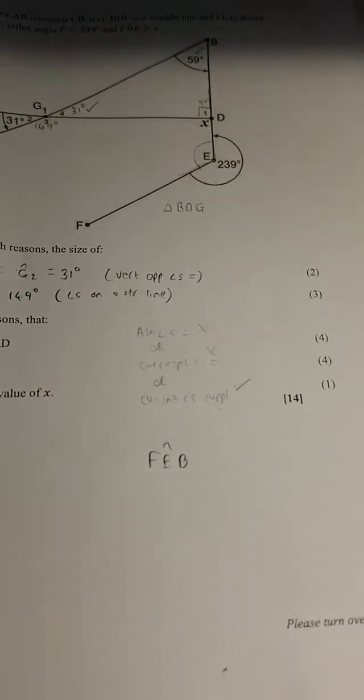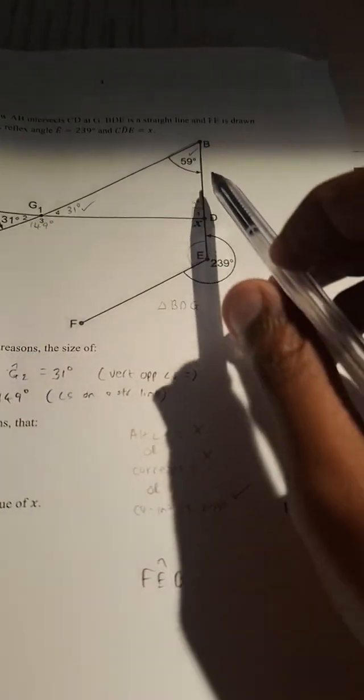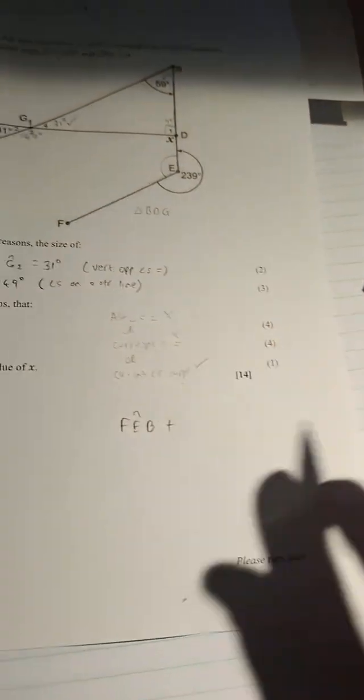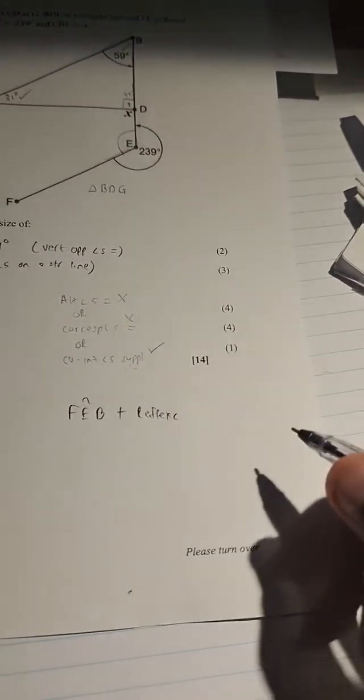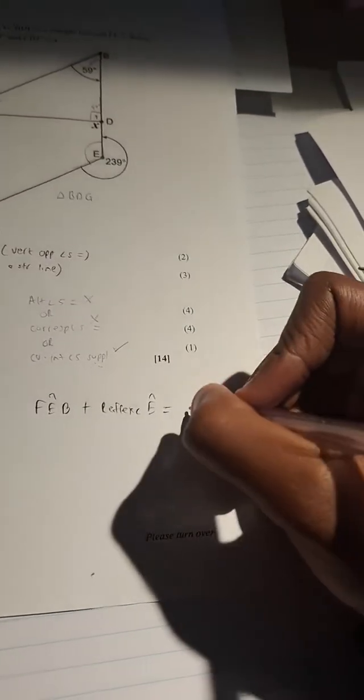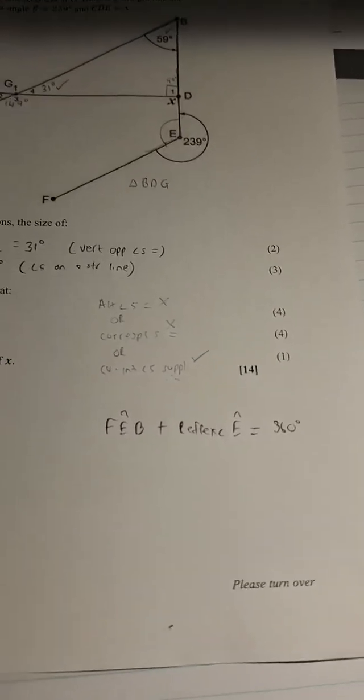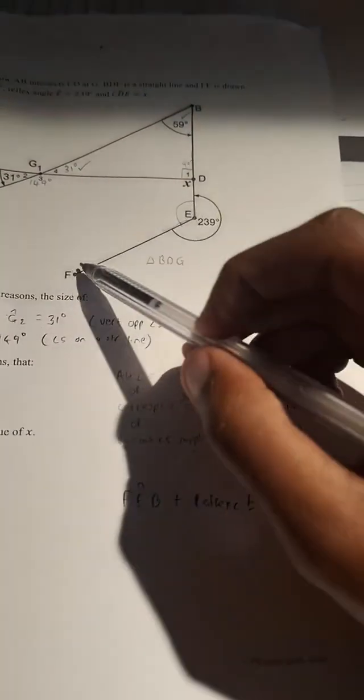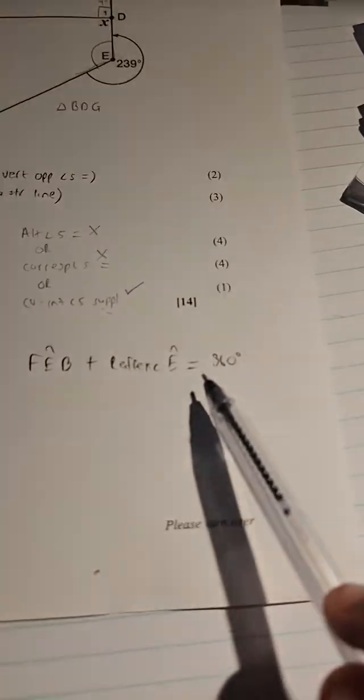And this is what I'm going to do. Angle FEB plus my reflex angle E will be equal to 360 degrees. This angle FEB plus the reflex angle that I had spoken about, which is 239, should all add up to 360 degrees.